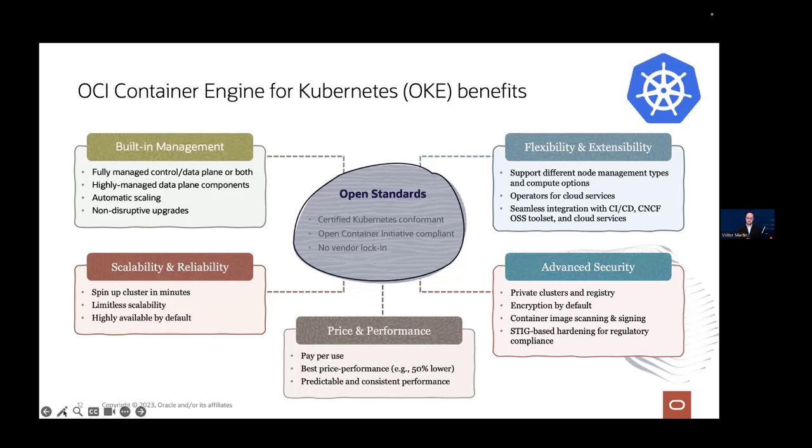And also, upon request, we can even grow to a bigger number of nodes. And it's highly available by default because the master nodes are the responsibility of Oracle Cloud. We will handle all the high availability for all the internal components. Price and performance, you pay for what you use, so only for the worker nodes, and it's a very competitive price performance that you can test out from this content.